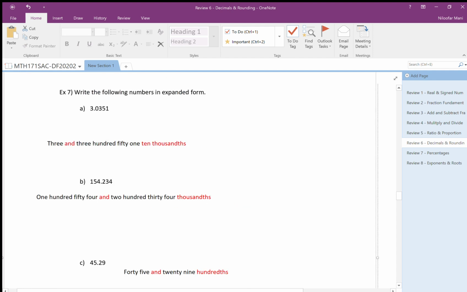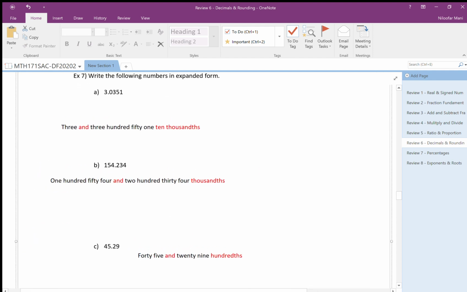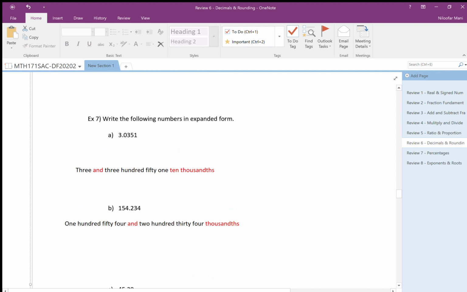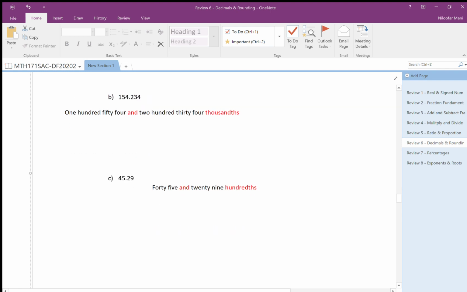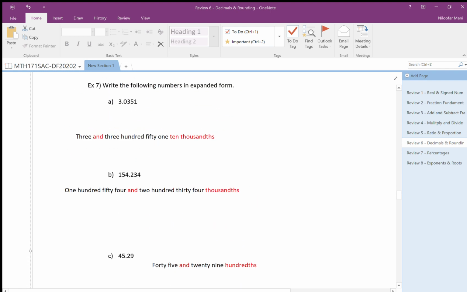You write before the decimal the same as you see, for example 154 or 45. Instead of the decimal you put "and." After the decimal you write without thinking about the decimal.